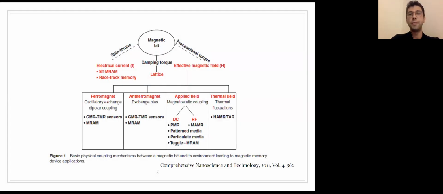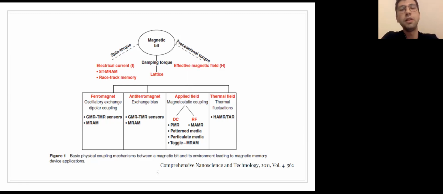So we just model a magnetic bit as a macrospin system, which has interactions with the environment, which causes different sorts of torques. First, we may say precessional torque. This is constructed by effective magnetic fields, which can also be observed from thermal fields, applied field, magnetic coupling, and these certain detailed structures and manipulations in the ferromagnets and antiferromagnets.